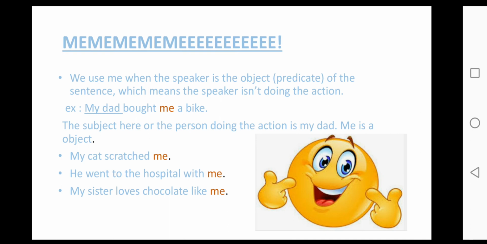Okay? If I'm talking about the subject, when I say I clean my room, I is the subject because I is doing the action, right? I clean. What's the action that I do? I clean.